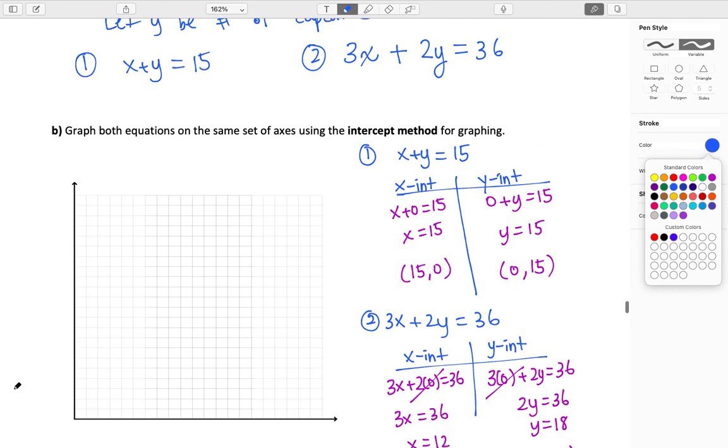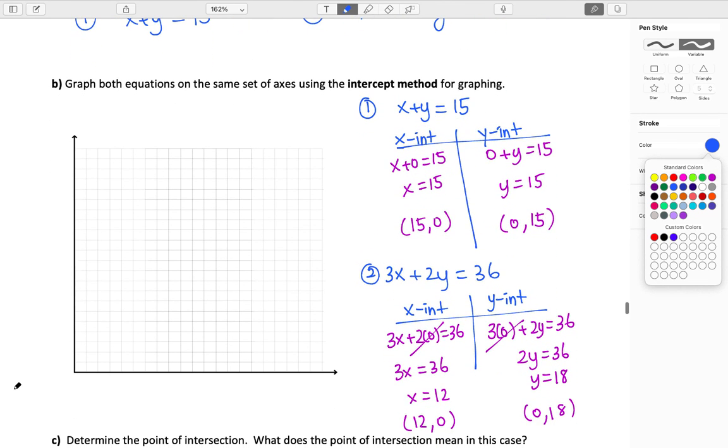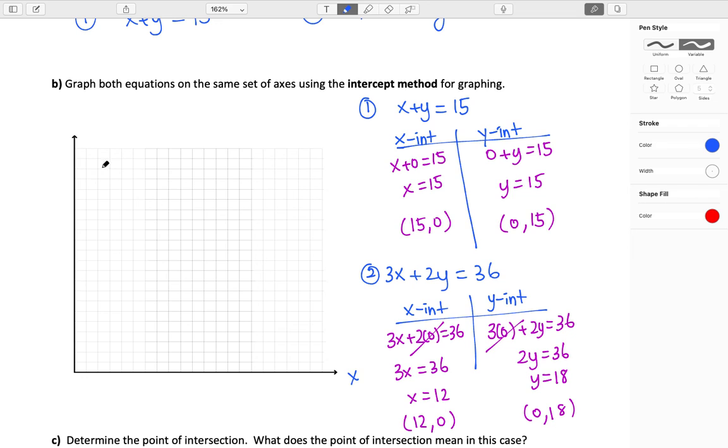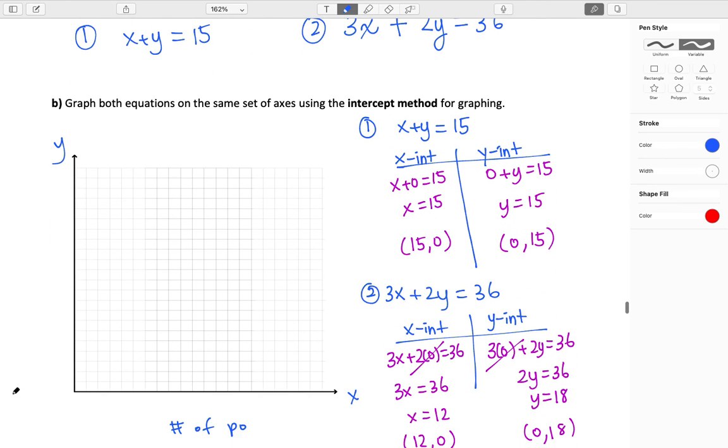So we said x represents number of pops and y is number of cupcakes. X, y, number of pops. Yeah, number of pops. And then number of cupcakes.